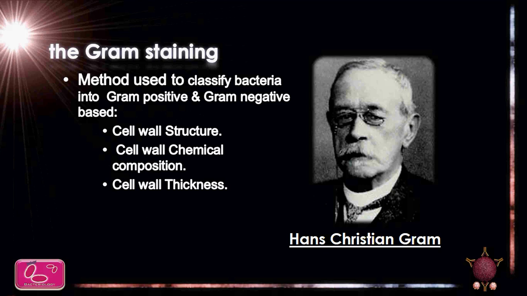This staining method makes use of differences between bacterial species in their cell wall structure, cell wall chemical composition, and cell wall thickness. It was described by Hans Christian Gram at the beginning of the 20th century.